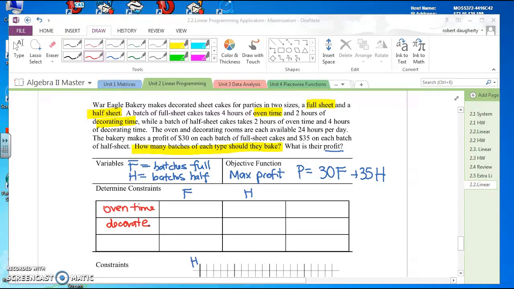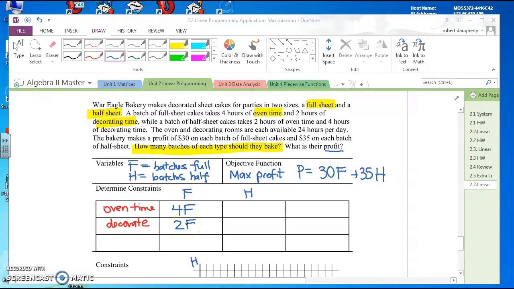So let's look at the oven time. A full sheet takes 4 hours of oven time, and 2 hours of decorating.